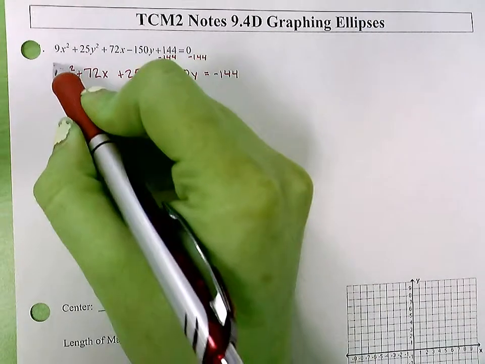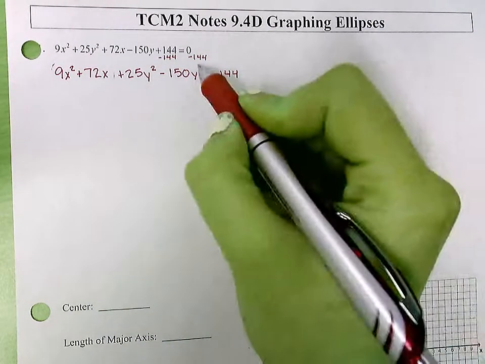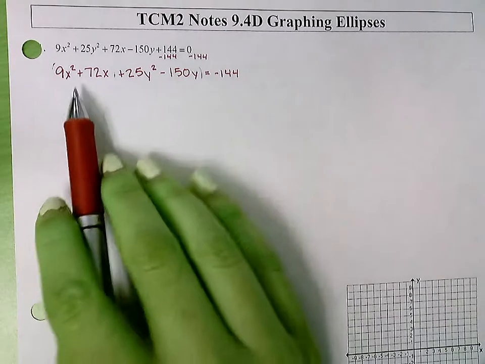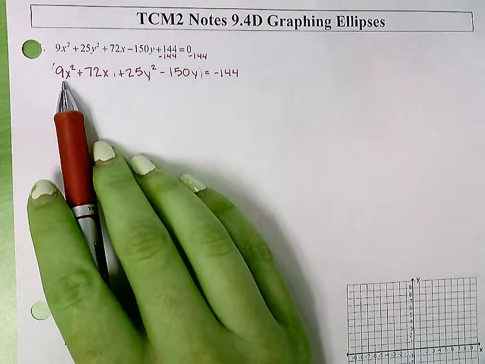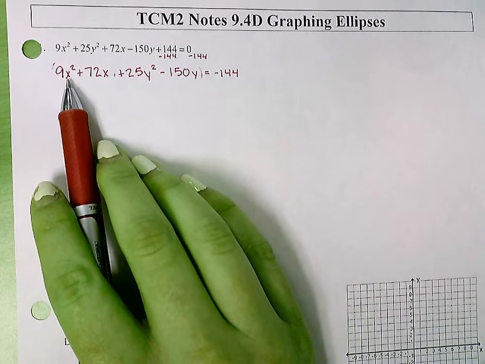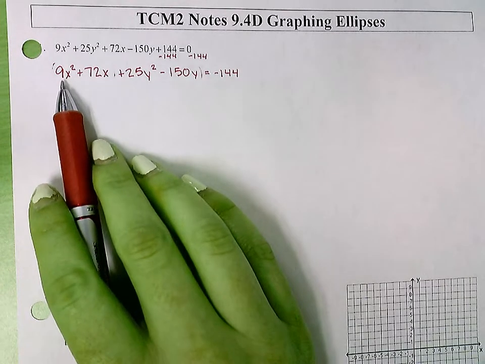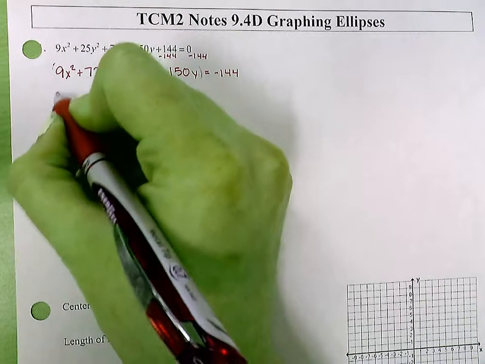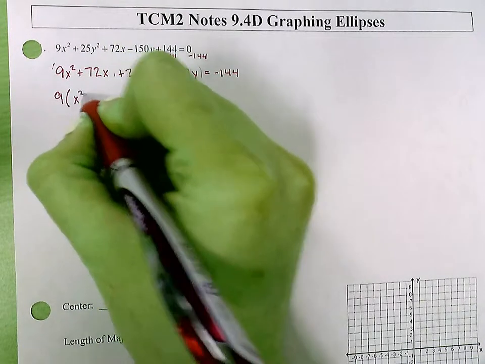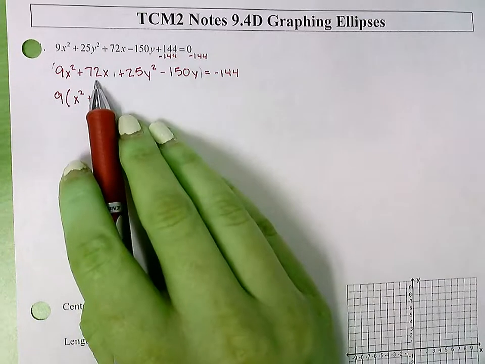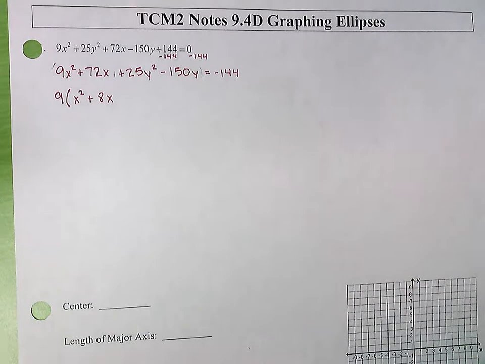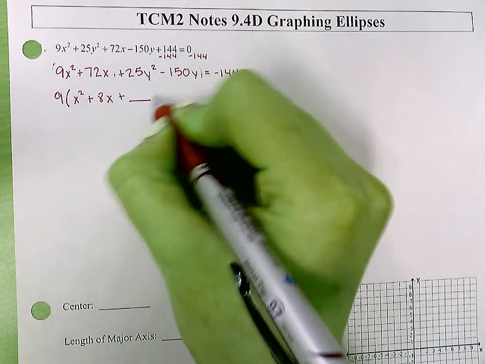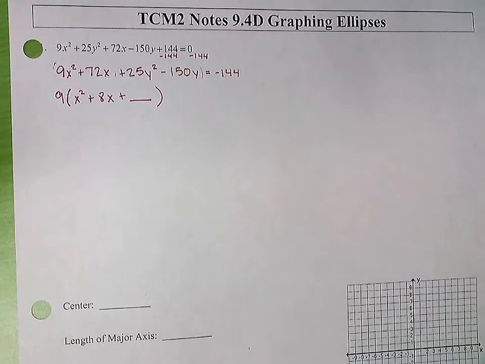Okay, so now here I have these x's grouped and these y's grouped. So with my x's, I need to factor out the number that's in front of x squared. So I need to factor out a 9 from those x's. I need to factor out that 9 from 72. And since I'm completing the square, I need to add something to that quantity to complete that square.